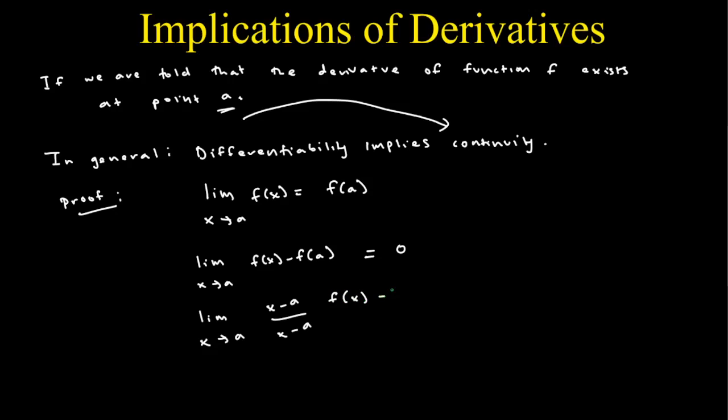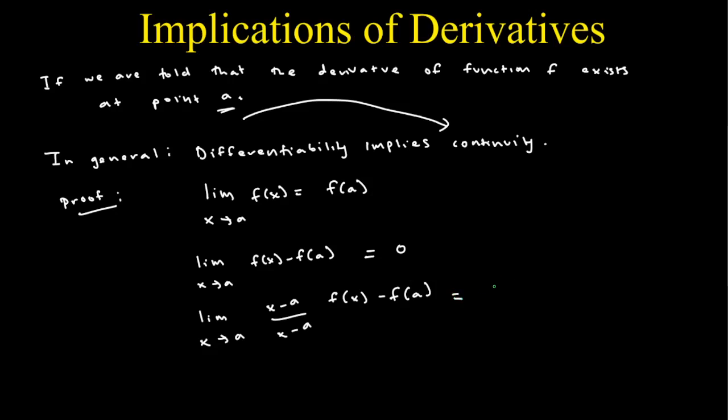Some of you might be wondering, wouldn't this be multiplying by 0 on both sides? But because we have this limit, although if we were to plug in a for x, it would become 0, because we're doing this under limits, it's not really 0 yet. So it's completely valid, right?